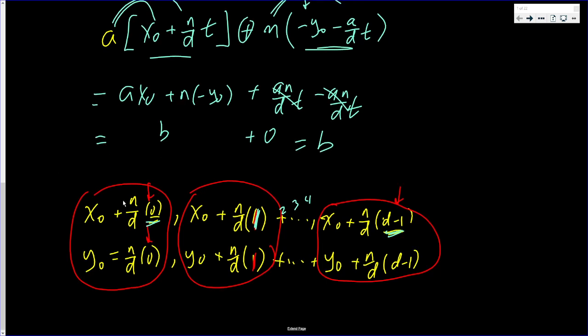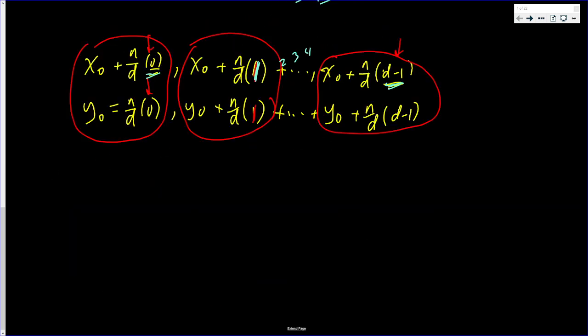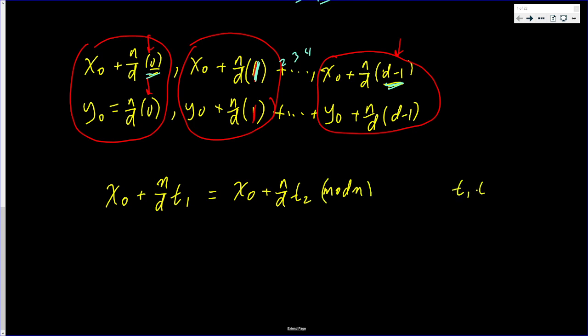Now, let us suppose otherwise. Suppose that x0 plus n over d times t1 is congruent to x0 plus n over d times t2, and this is mod n. Keep in mind that t1 and t2, let's say t1 is less than t2. I want to assume that they're different.